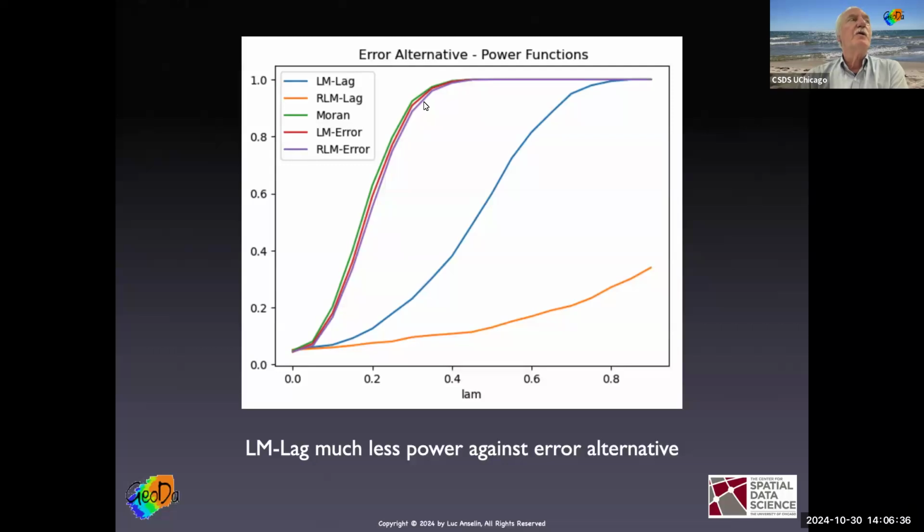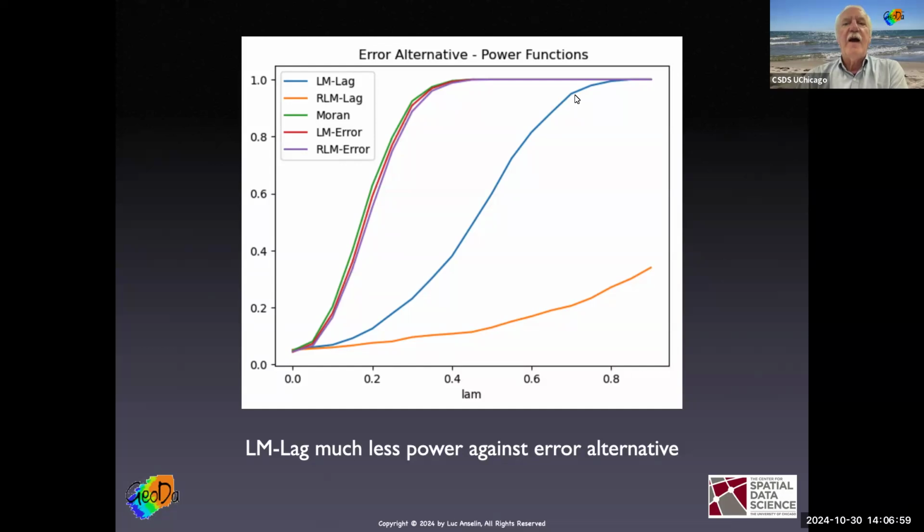These, not so much. Okay, so they all track Moran's I, LM lag, and robust LM lag. They all track very well. Not quite as much power as the lag tests. You see the 100% rate is around 0.4. It's not around 0.2 or 0.1, but still pretty good, right?